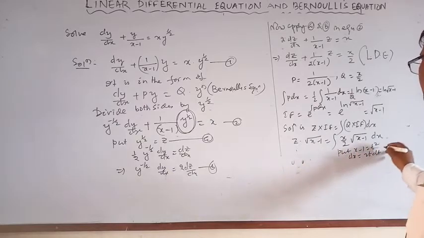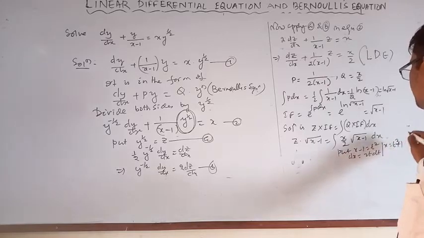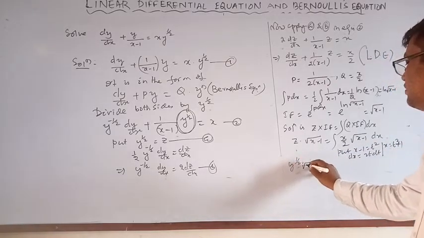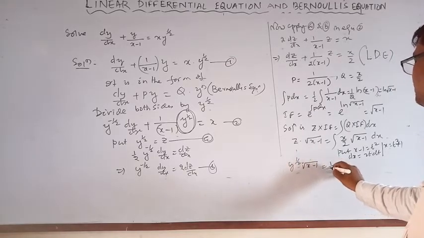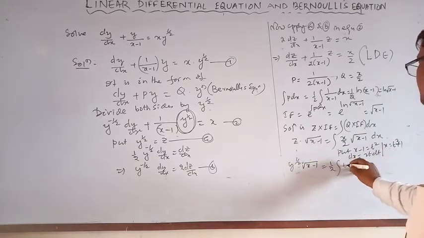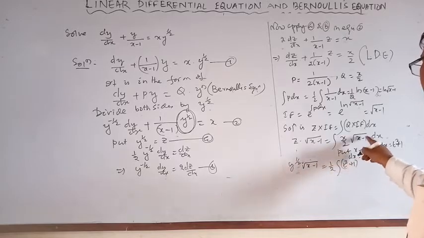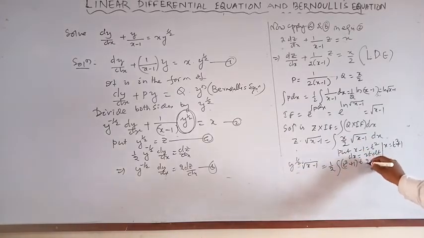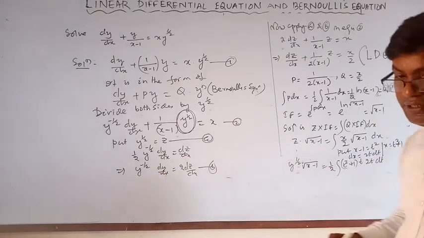Now x is equal to t square plus 1. So 1 by 2, x means t square plus 1, into t, and dx is 2 dt.